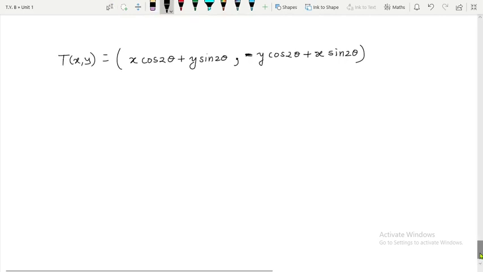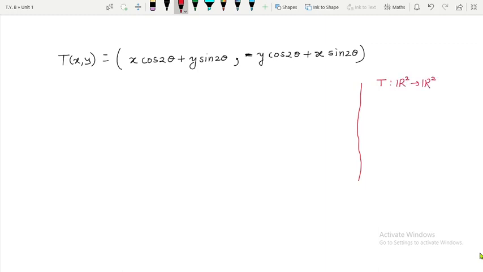Now what we want is to find the matrix representation of this reflection map. Note that every linear transformation can be converted to matrix form, provided you have a basis. Suppose T is a map from R2 to R2, and suppose I am having some basis of R2, let me call it E1 and E2.